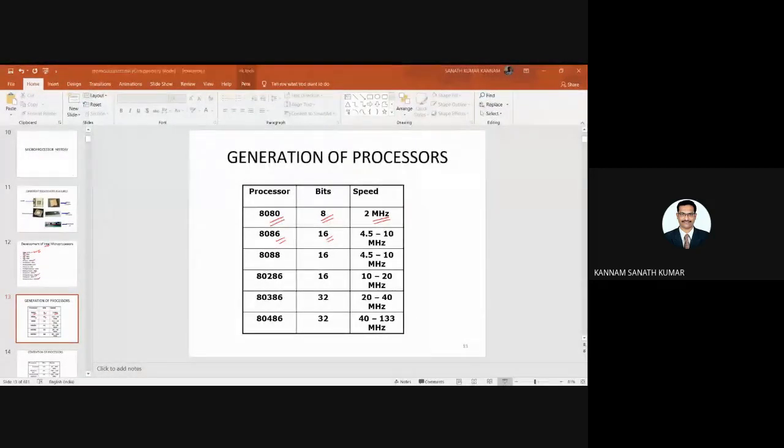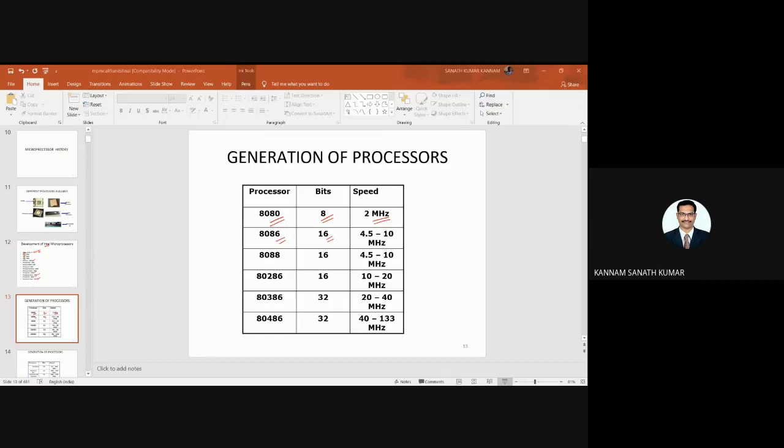Okay. So if you see the generations of the processor, you have 8088. It is a 16-bit processor, and the speed is 4.5 to 10 megahertz. 80286 is a 16-bit processor. So when we call this an 8-bit processor, that means all the registers present in the 8080 processor are 8-bit only.